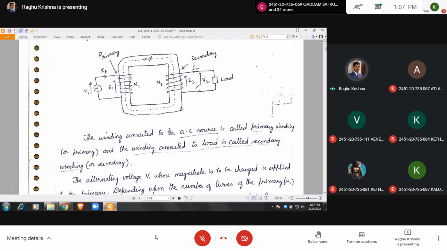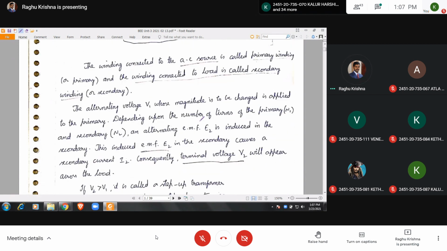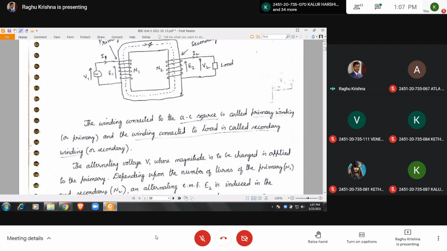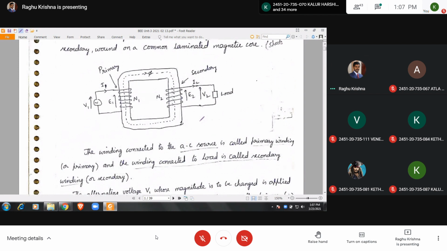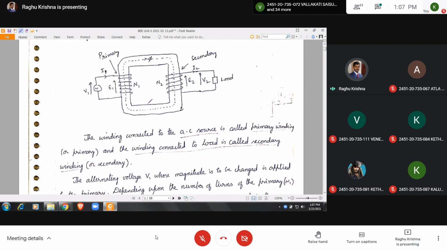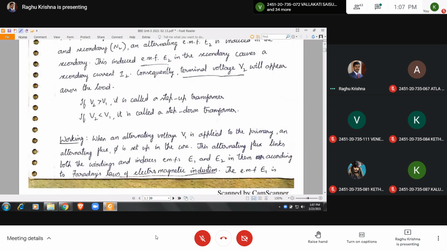Now coming to the working principle, the transformer works on the mutual induction principle, or Faraday's laws of electromagnetic induction. Let us see the statement.